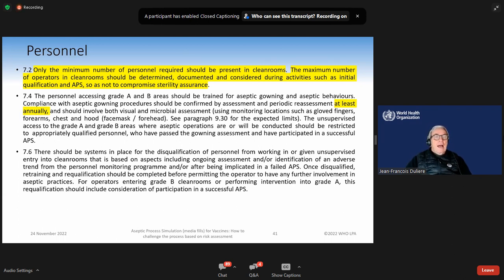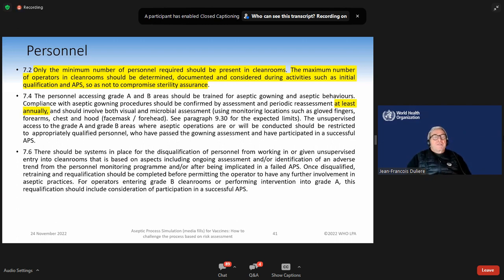For the monitoring of the staff, you will have to do it during the production operation. The access to the critical areas needs to be allowed only to trained and qualified personnel.